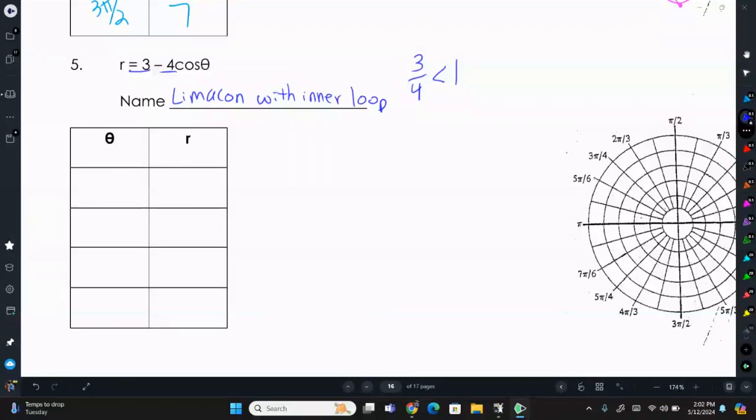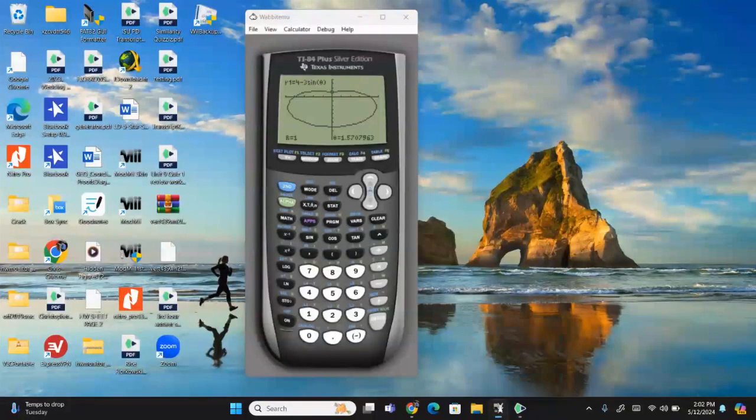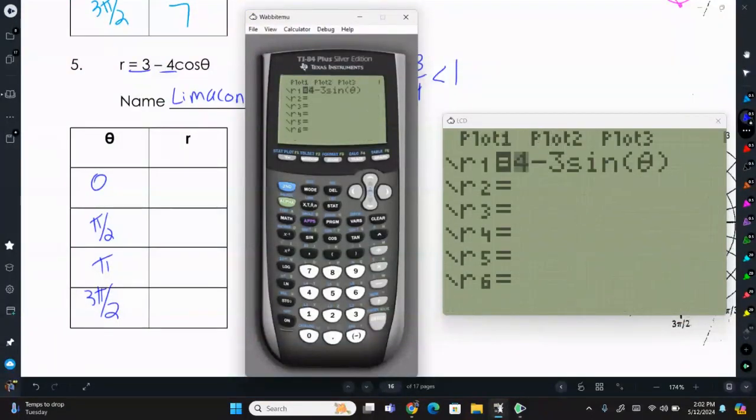Now remember that the inner loop always goes through the pole, the 0, 0. So because it's not a circle, these are going to be our theta values. So let's graph this and see if we need to change our window. So 3 minus 4 cosine theta.